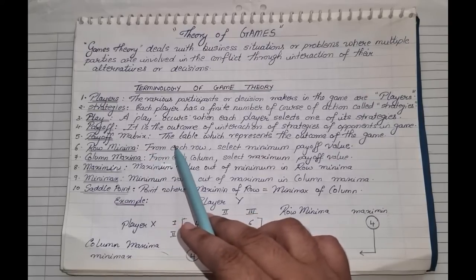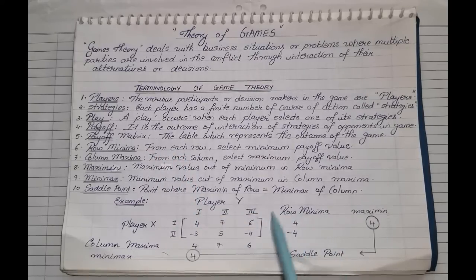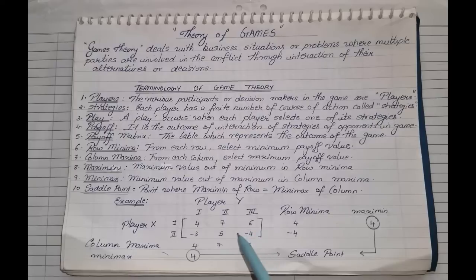When you have a payoff shown in table form, like this tabular form, it will be known as a payoff matrix. Row minima: from each row we'll have to select the minimum payoff, and from each column we'll have to select the maximum payoff or maximum value. So when we get the question, the very first step is to find the row minima, that is the lowest value from each row, and column maxima, that is the maximum value from each column.